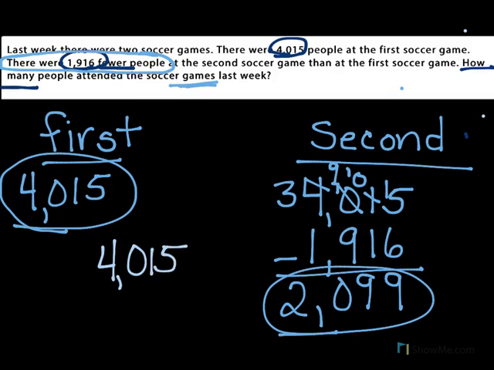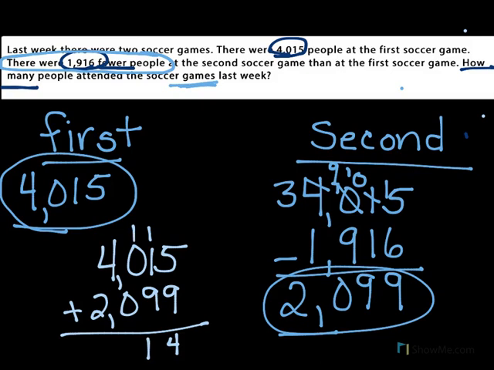Because they want to know how many were at both. So I'm going to add them together. Okay, so I know that there was 6,114 people at both games.